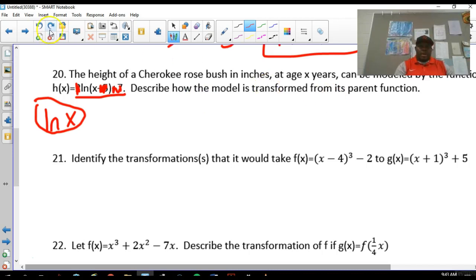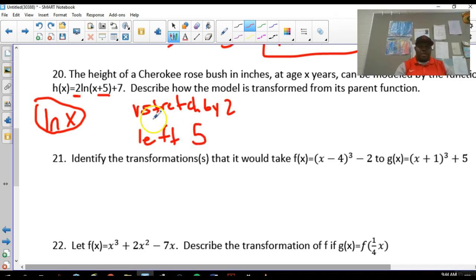Now, we got to talk about all the transformations, so let me clear this off. What actually happened to ln of x? Here's the parent function. We stretched it vertically by 2, so we got a vertical stretch by 2. Then we have the plus 5 in the parentheses, x plus 5. Well, that means we move left 5, okay?